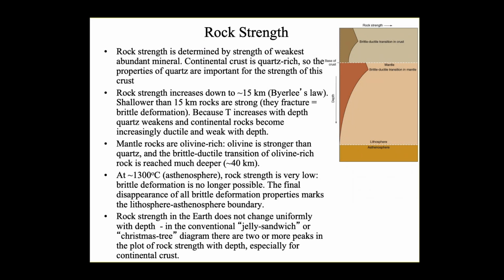And you'll see a number of things you're familiar with here. One is the Moho, base of the crust. You see one strength profile for the crust, and below it is the mantle, with a different strength profile. And then below that is the lithosphere-asthenosphere boundary, which we've talked about before.